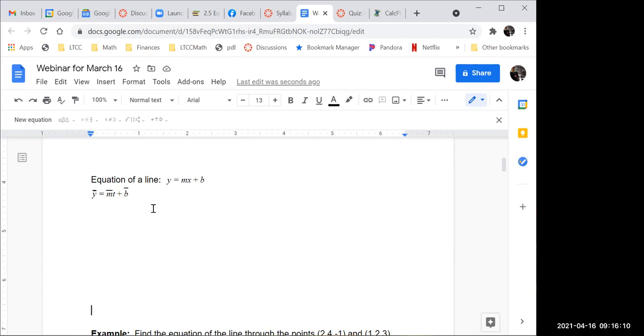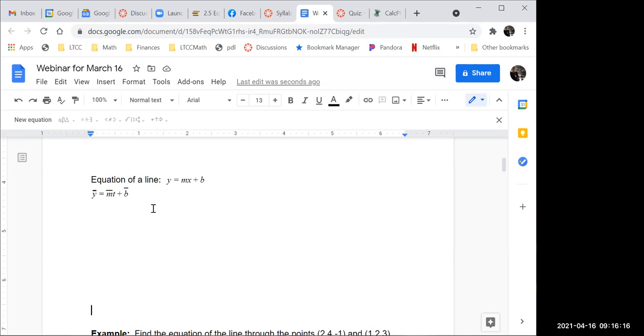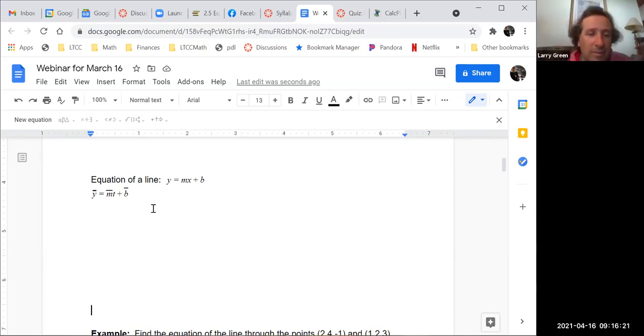Will it work in 4? I would think so. How about 100? Sure. It works in any amount of dimensions. That's what's so beautiful about this. So however many dimensions, this equation is a line. This is the equation of a line. Any questions on that idea first?